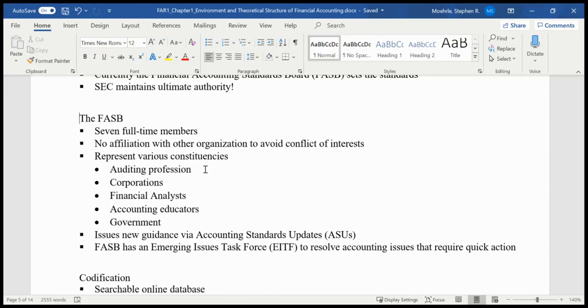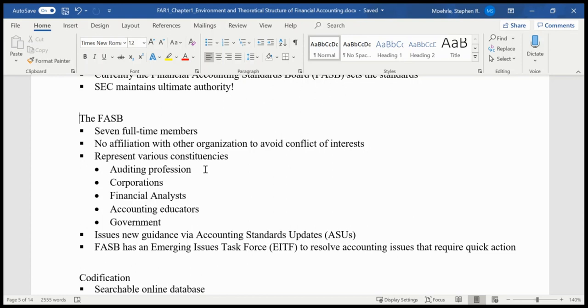The FASB issues new guidance via Accounting Standards Updates, or ASUs. The FASB also has an Emerging Issues Task Force to resolve accounting issues that require quick action.